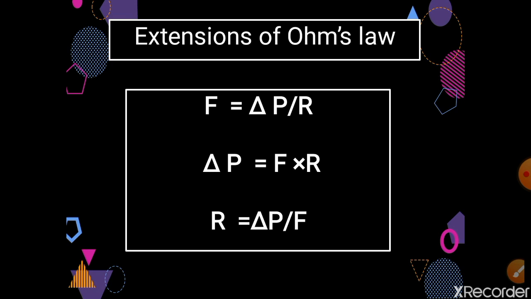While calculating the resistance, this formula can be used in the form as resistance is equal to pressure gradient divided by flow of the blood.